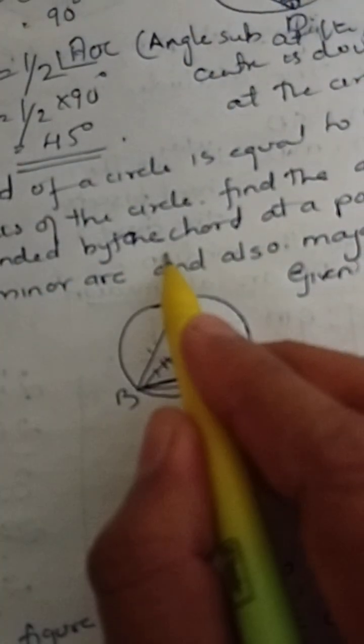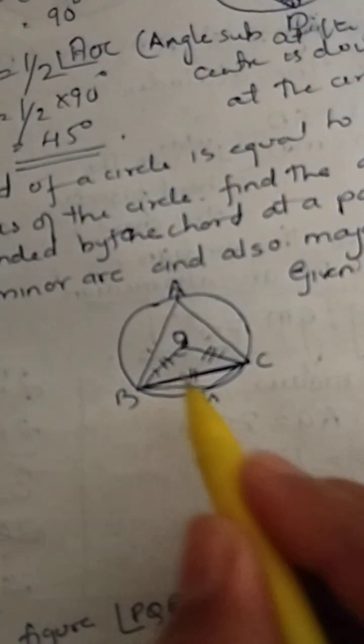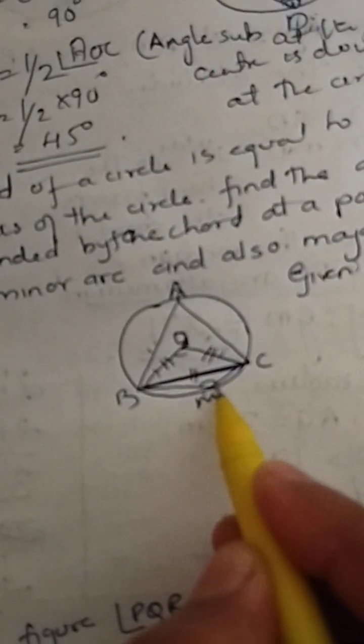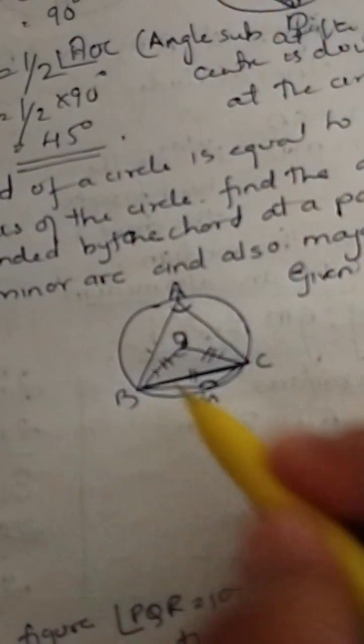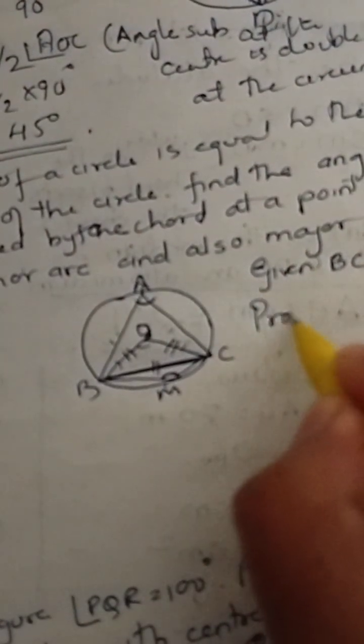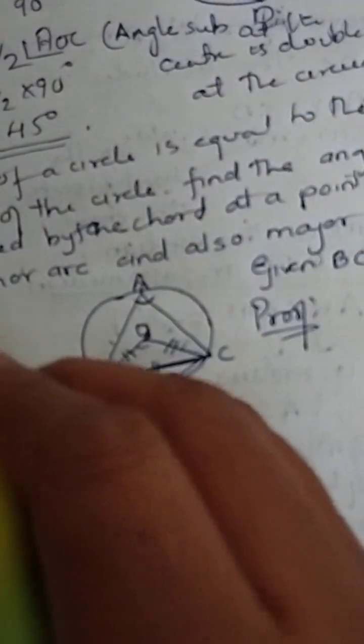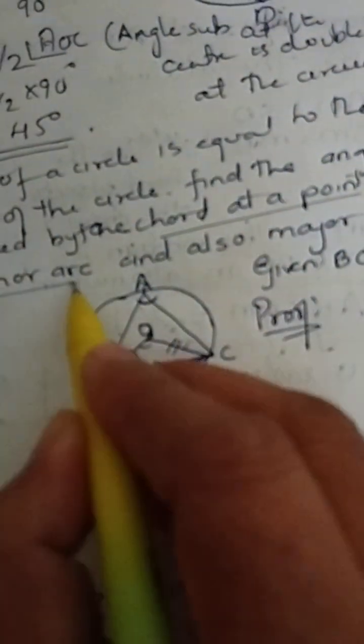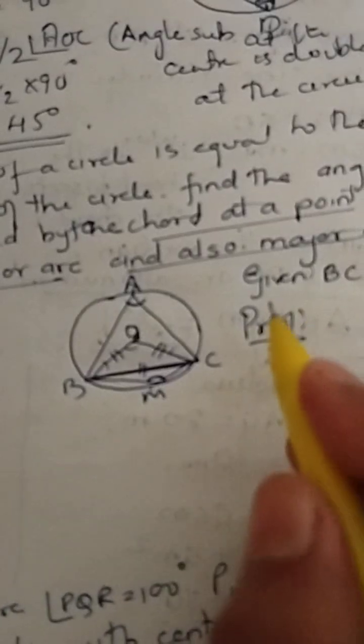Then find the angle subtended by the chord at the minor arc and also at the major arc. This you have to find out. I'm not writing the 'to prove' and all; to prove is this one only: find the angle at a point on the major arc and also on the minor arc. Now let's come to the proof.